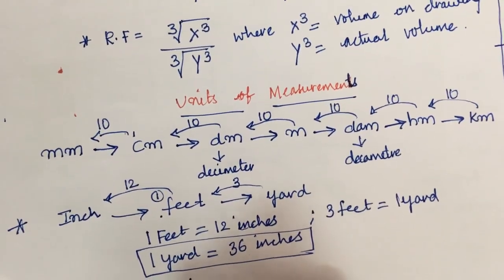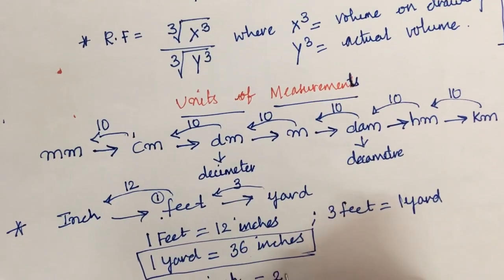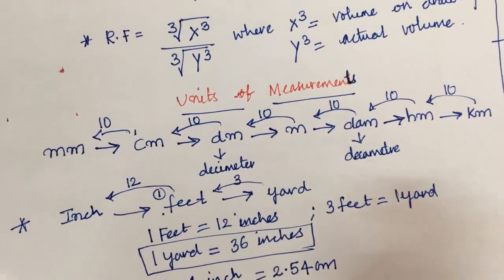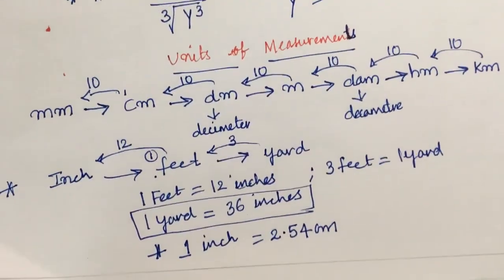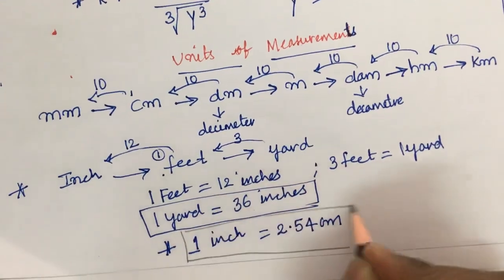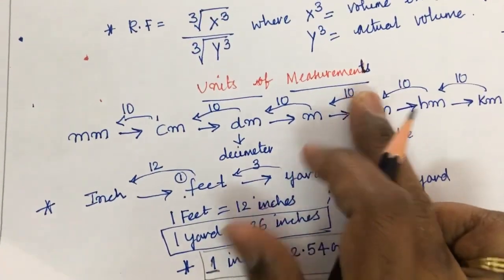Now, if they ask you to convert into centimeters, for example, we need to remember this also: 1 inch equals how much in centimeters? 2.54 centimeters. This is very important for us to work out the length of the scale. So, this is the pattern of the units of measurement, dear students.